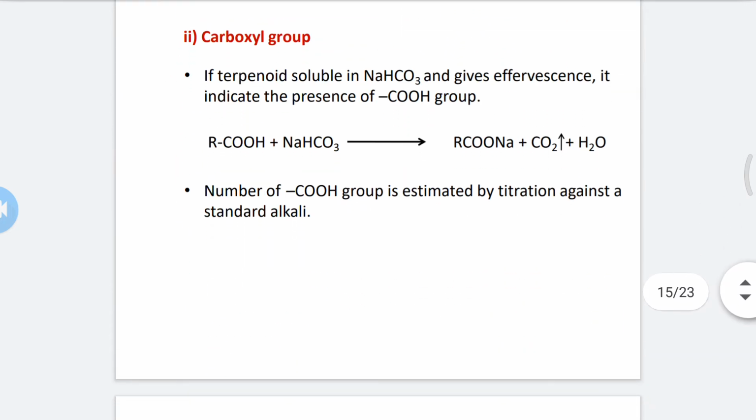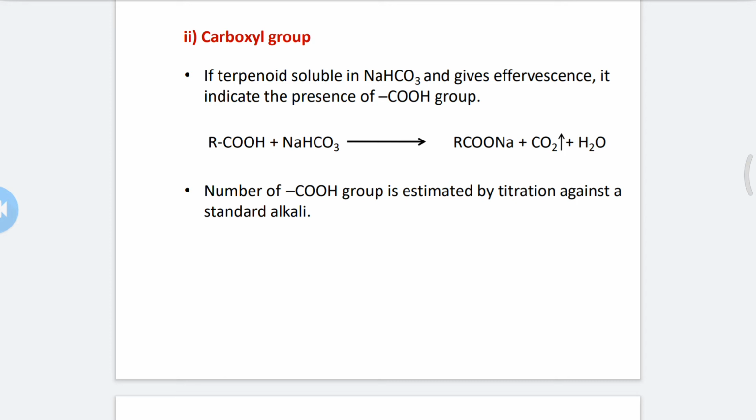Next method, the carboxylic group. If a terpenoid is soluble in sodium bicarbonate and gives effervescence, it indicates the presence of acidic groups in the terpenoid. Suppose the terpenoid contains a carboxylic acid; it reacts with sodium bicarbonate to form a sodium salt and evolves carbon dioxide and water.